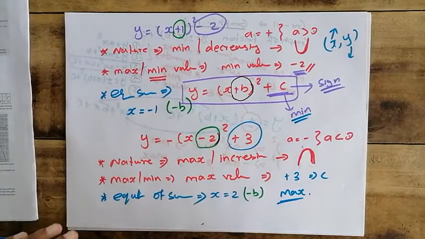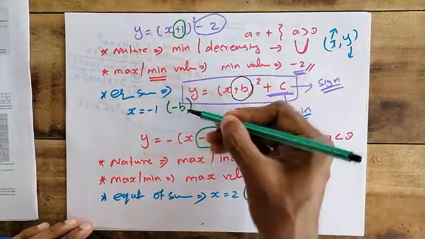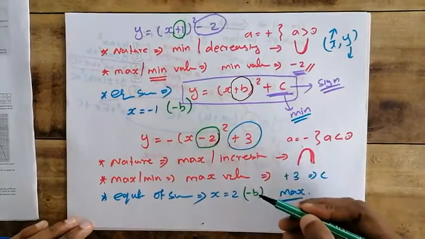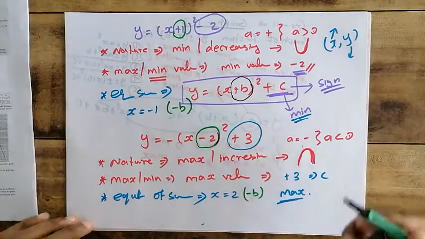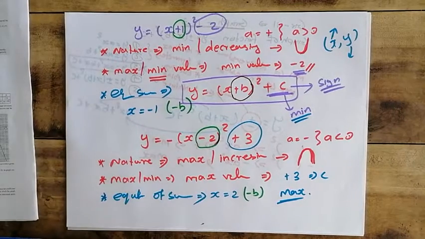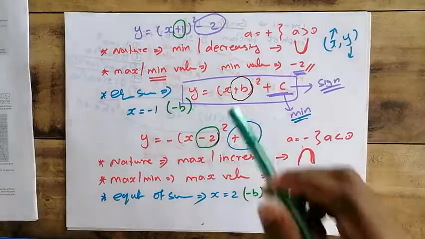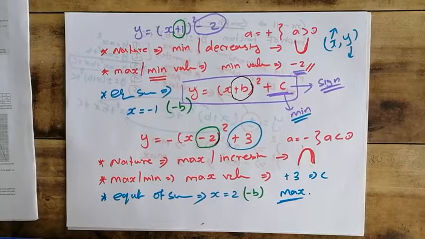When the value is 1, it's negative 1. When the value is minus 2, if you take the negative, it's plus 2. Okay, right. So that is the relationship between the axis of symmetry and the value of b. It is always the negative value of b.